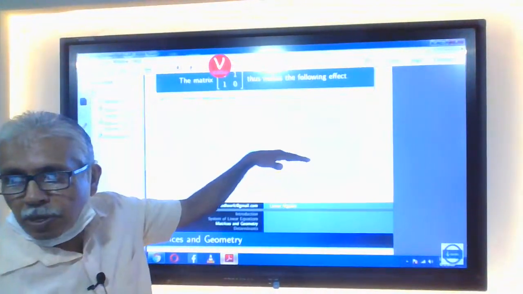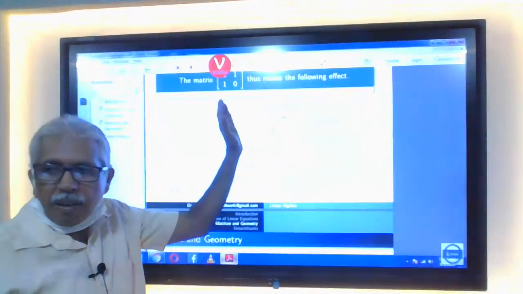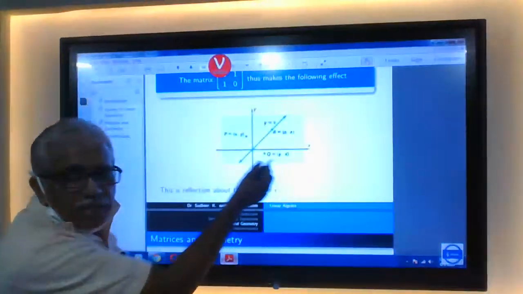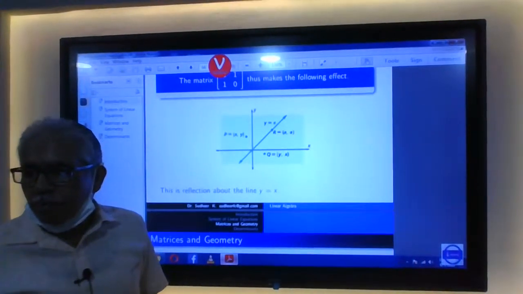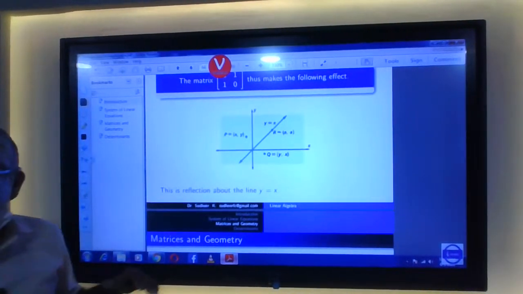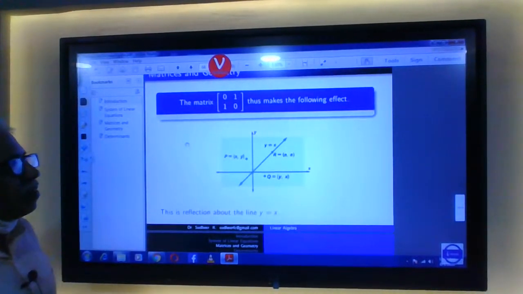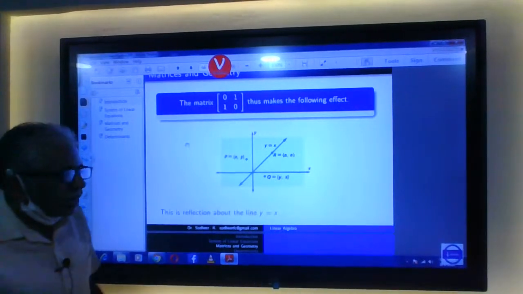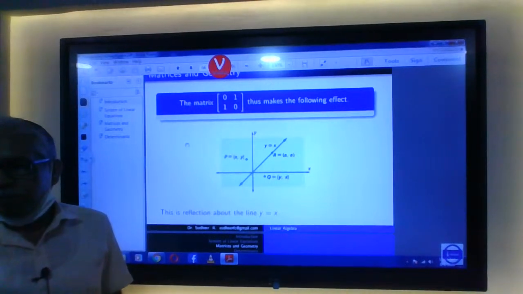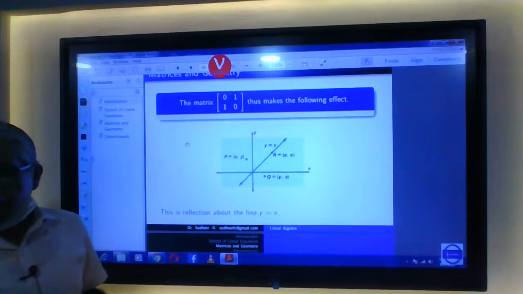The positive y-axis is mapped to the positive x-axis. Or you can say the x-axis is mapped to the y-axis and the y-axis is mapped to the x-axis. And xy is mapped to yx. So you are getting a mirror reflection about the line y equal to x. The geometrical effect of this matrix 0 1 1 0 is the reflection about the line y equal to x.